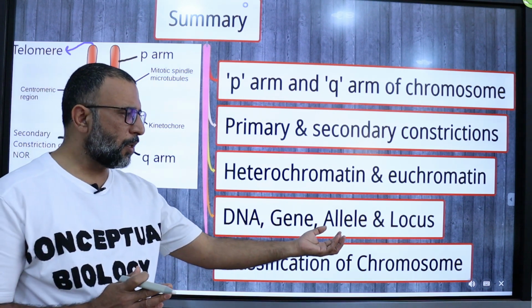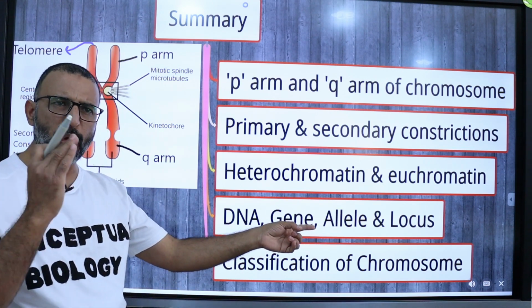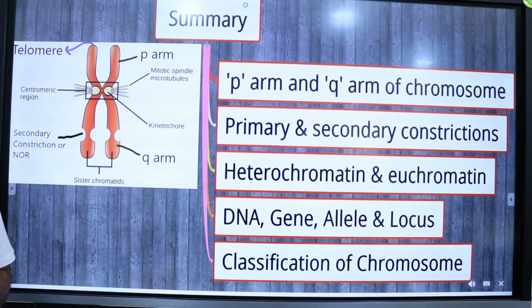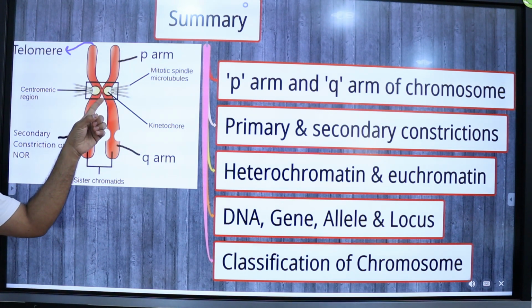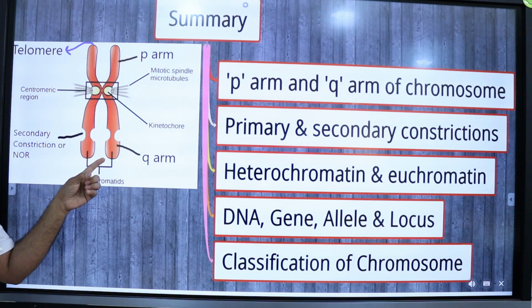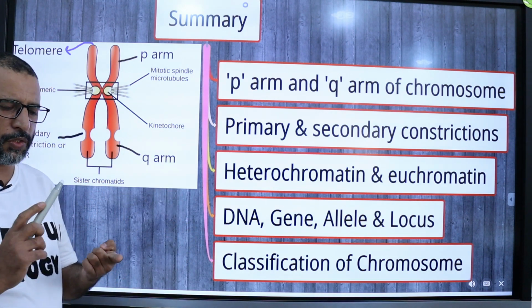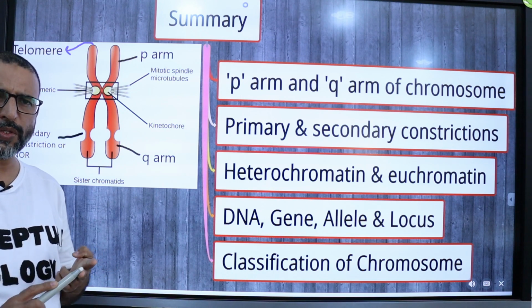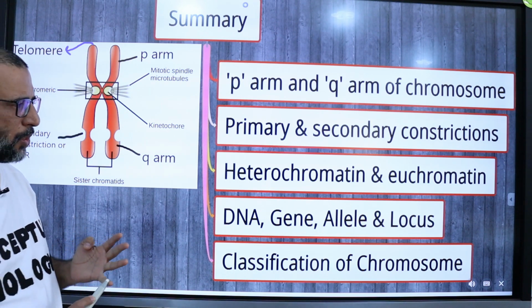An allele is the alternative form of a gene, and a locus is the place on a chromosome where a gene is present. Locus is singular, loci is plural. Based on the position of the centromere and length of chromosomal arm, chromosomes are divided into 4 types: telocentric, acrocentric, submetacentric and metacentric chromosomes.